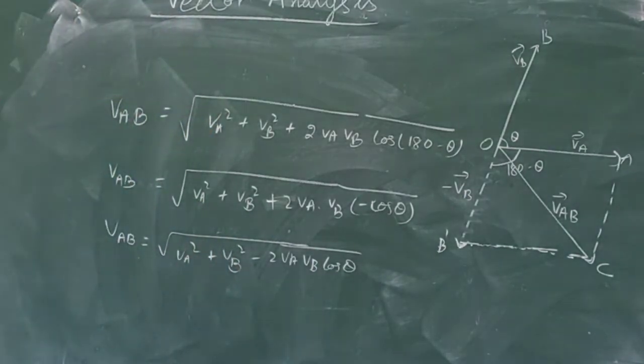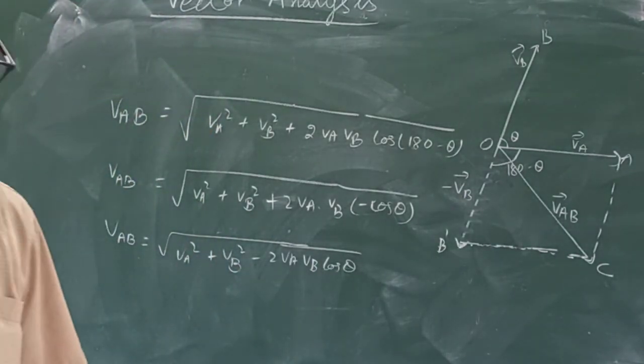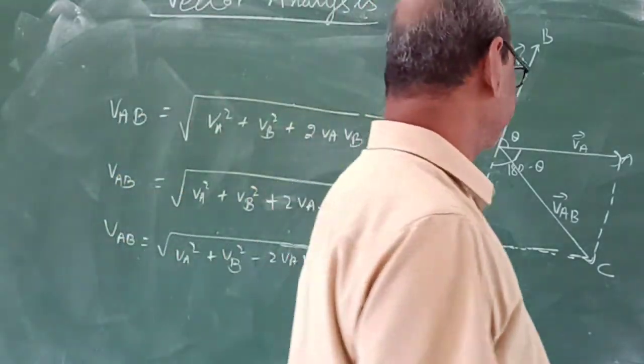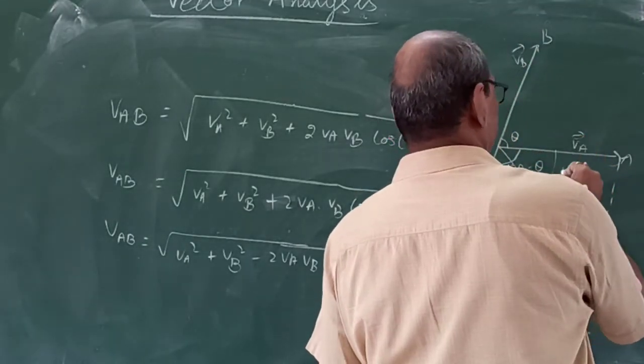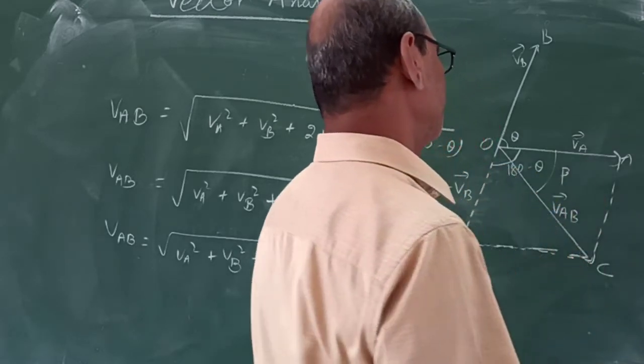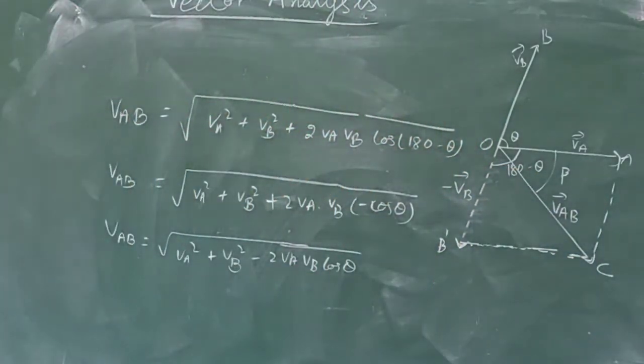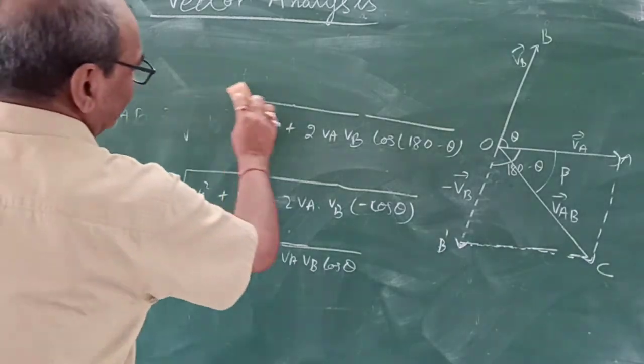And how can you find the direction? Suppose the resultant velocity V makes an angle beta with the direction of VA.